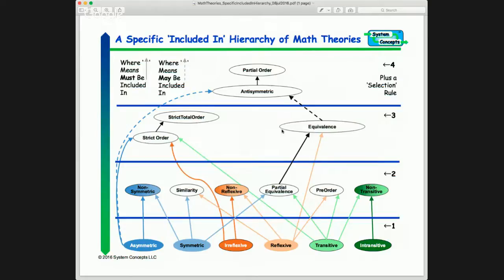So what we've essentially said is, no, at this time we're not going to use anti-symmetric or the partial order. We're going to look at these and use these in a different way. And we basically use different techniques to achieve the same outcome that you would get if you used anti-symmetry or partial order. So that's one of the key things that we're working on right now.